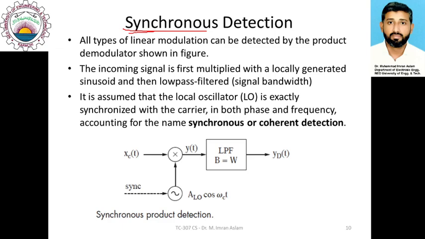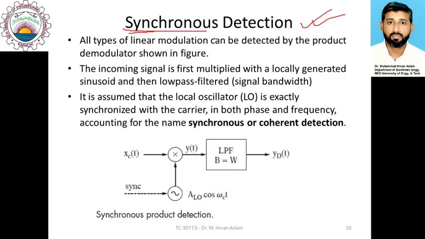All possible variants of AM can be detected synchronously. So this detection scheme which I am going to discuss right now is actually the generalized scheme of detection, which can be used to detect any type of AM signal. So how do we do that?